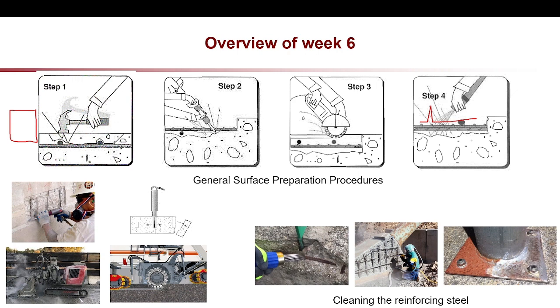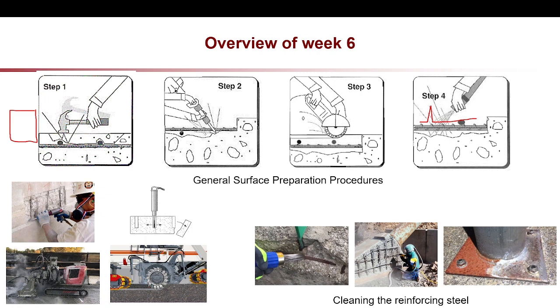This is the normal chipper. There are hydraulic methods using water jets. We also use splitters. The difference between splitters and chippers is that chippers remove partial concrete, while splitters remove the complete concrete. And there is another method in which we use roller cutters to remove the concrete.